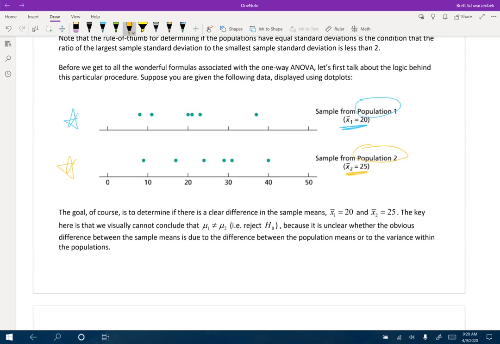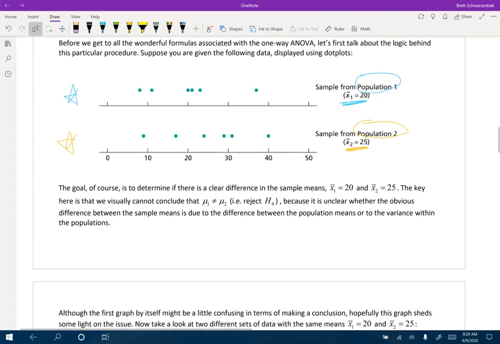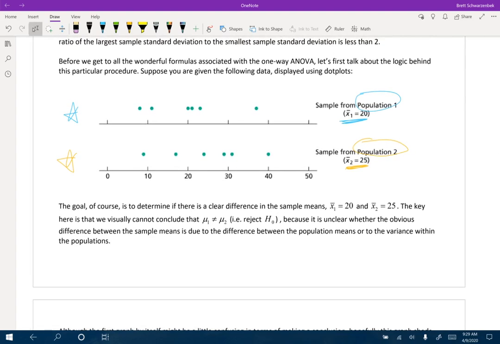If we're normally running a test, we're trying to use a hypothesis test to determine whether these means are the same or different, statistically. That is the goal usually whenever we're doing any type of hypothesis test. So how do we know if they're different? That's the key. We're trying to figure out if there's a clear difference between the sample means.